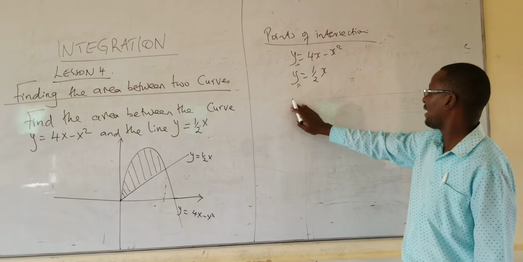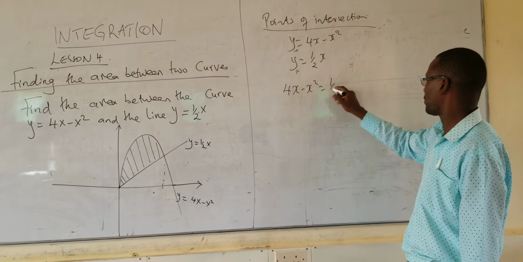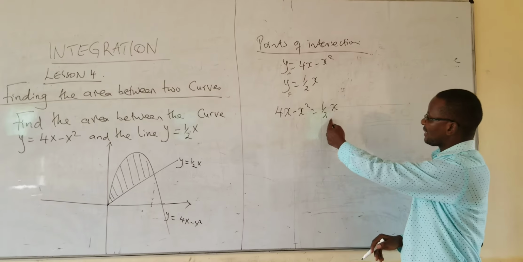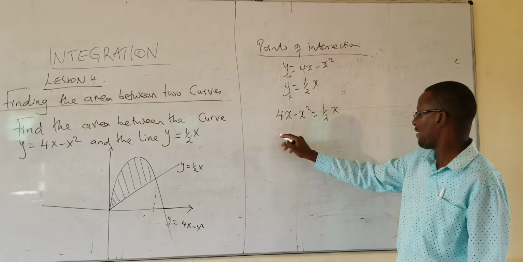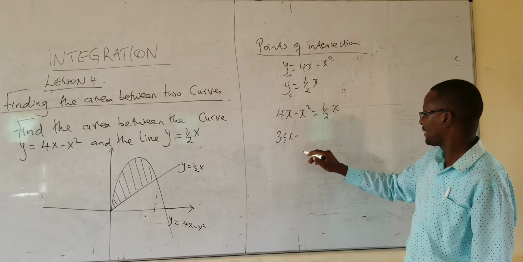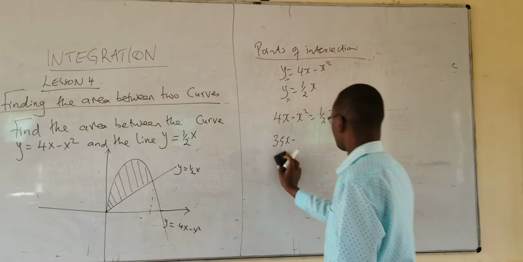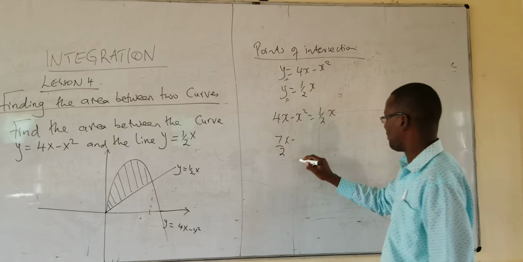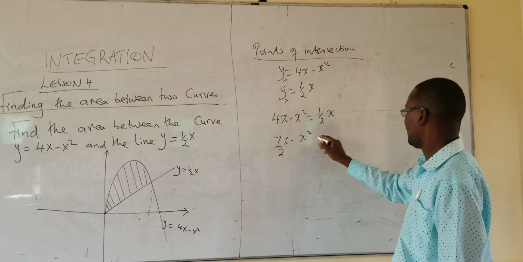So let's equate the curves. 4x minus x squared equals a half x. So we bring this a half x to this side. We will get 3.5x, let me write that as 7/2 x, minus x squared equals 0.